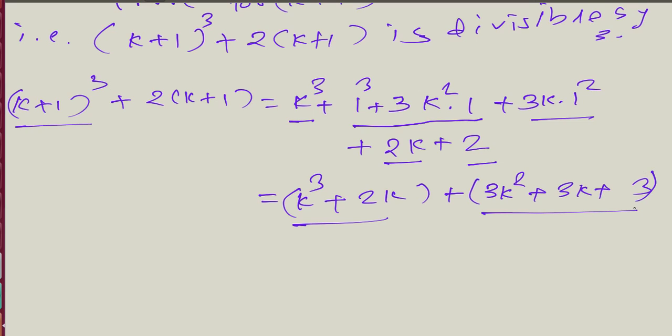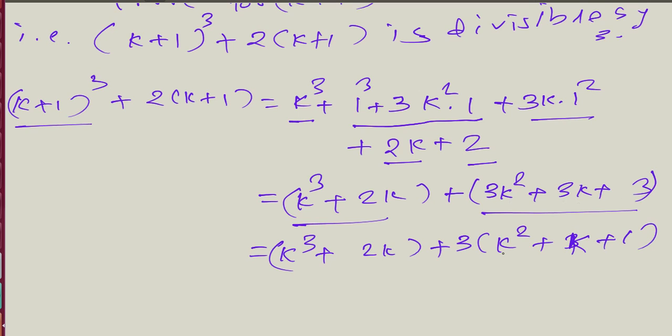We wrote them together. Now if I take this 3 out, this 3 is common in every term, so I'll take that 3 out. So k cube plus 2k plus 3 into k square plus k, 3 is out now, plus 1 here because this 3 is out. Now if we see, this term is divisible by 3 from the hypothesis.